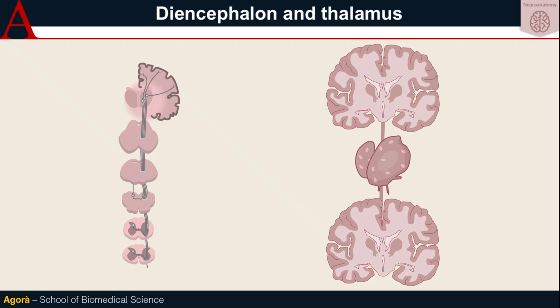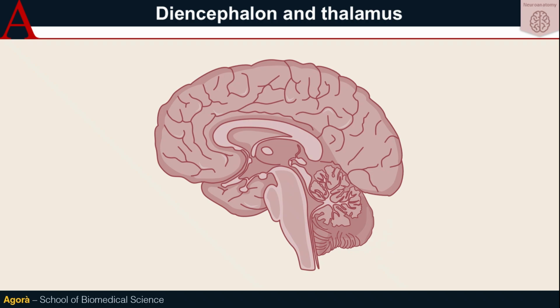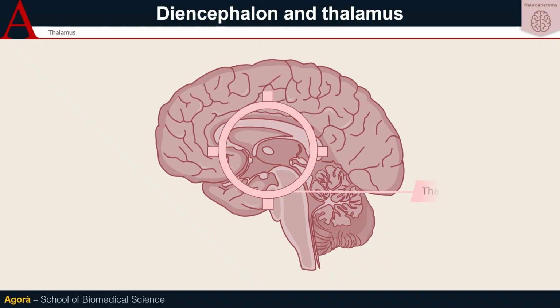Its primary function is to relay ascending tracts from the spinal cord and brainstem to the cerebral cortex. Additionally, it transmits messages processed by subcortical circuits, such as those from the basal nuclei, to the cortex, and facilitates cortical interconnections.